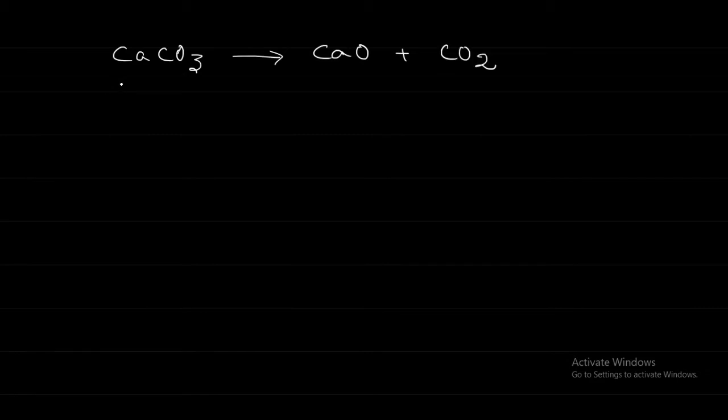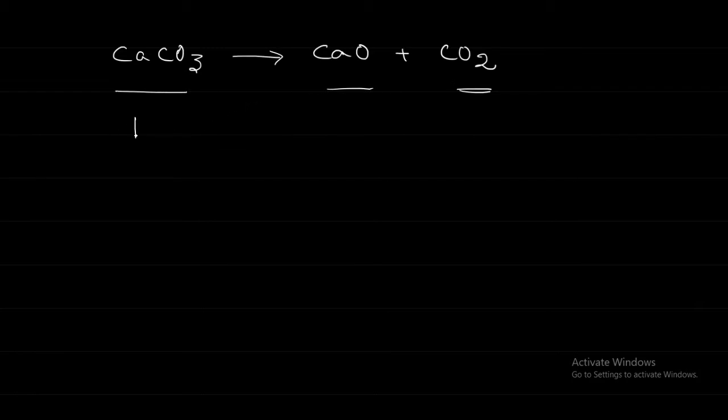So here there is one reactant, but there are two products. So one reactant can give rise to two or more products. The types of reactions also we will discuss later.